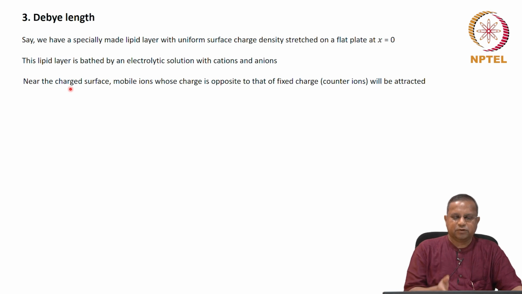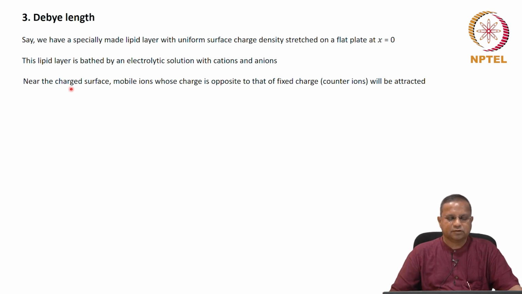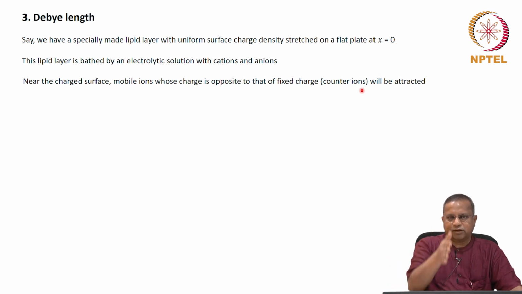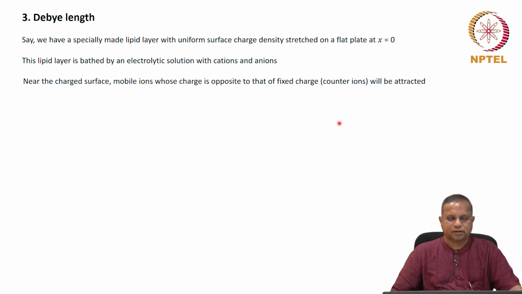Near the charged surface, because it is uniformly charged, mobile ions whose charge is opposite to that of the fixed charge will be attracted, right? So that is nature. Oppositely charged ions attract each other. If you have a negative charge here, it is going to attract only positive charges close to the surface.